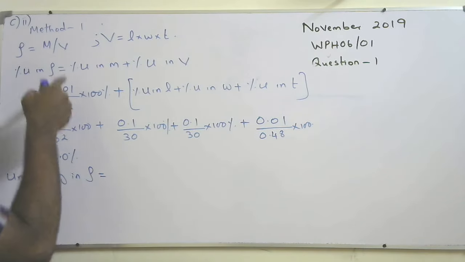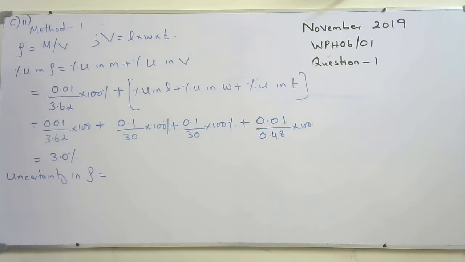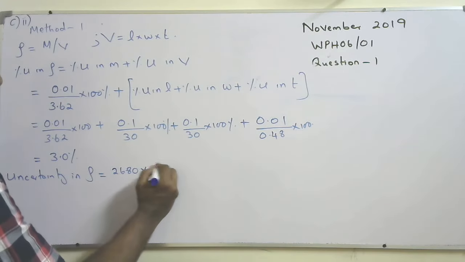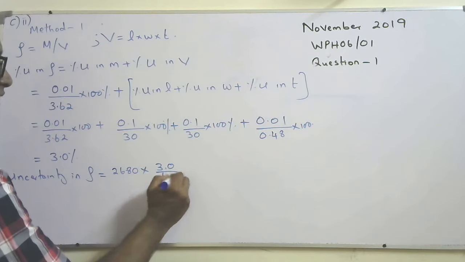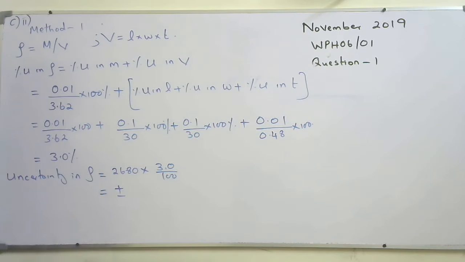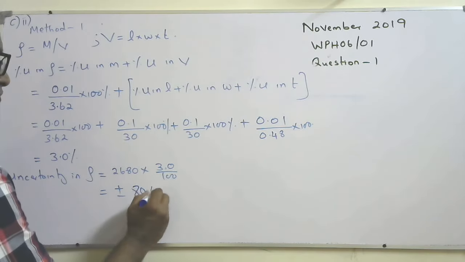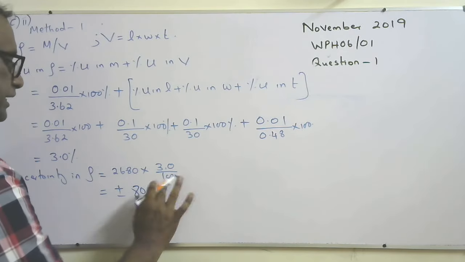The value of density, we already found as 2680, into 3.0 over 100. So the uncertainty will be plus or minus 80.4 kilogram per meter cube.